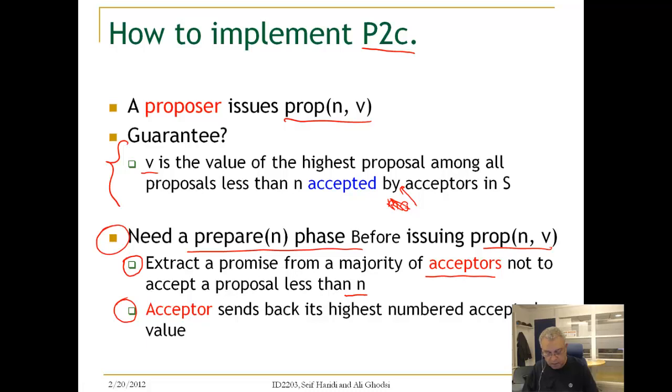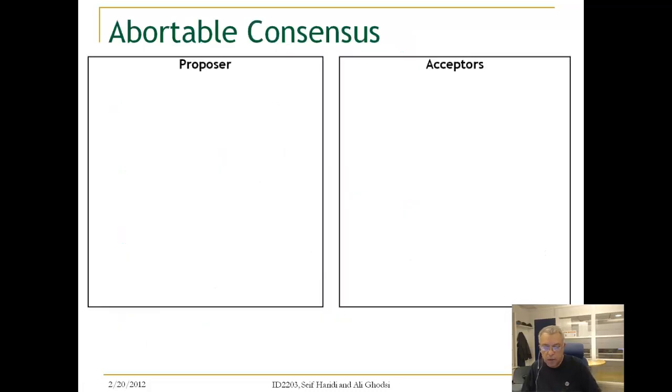All right. Now we are in a position to look at the whole algorithm, which we call Abortable Consensus. A proposer picks a unique sequence number n, that's monotonically increasing of course, and sends a prepare to all acceptors.